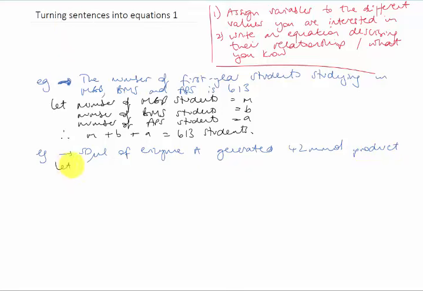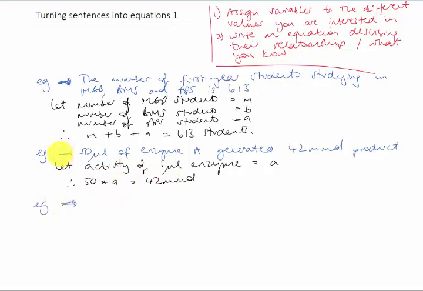So let's say we're going to let the activity of 1 microliter of enzyme be, let's say A, because it's enzyme A, doesn't really matter. So therefore we know that 50 times A, so 50 times the activity of 1 microliter gives us 42 millimoles of product.